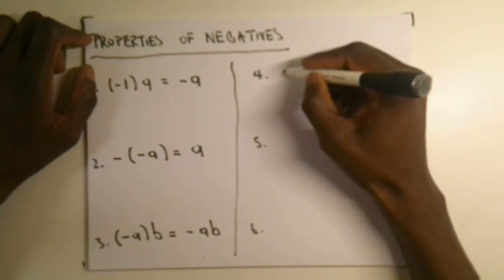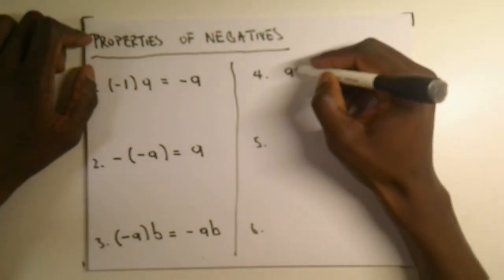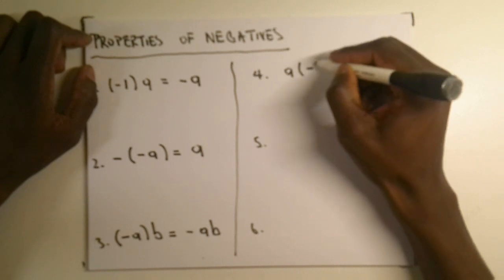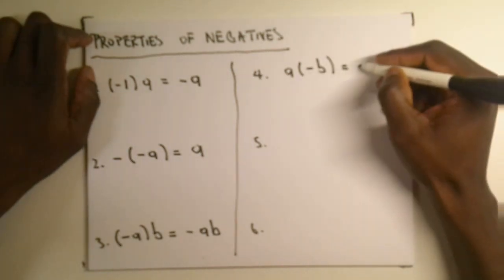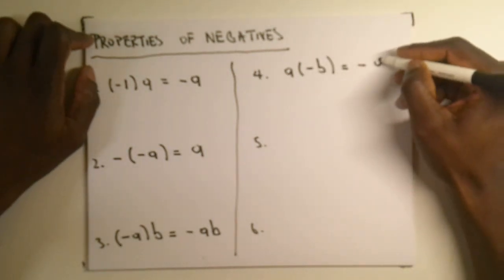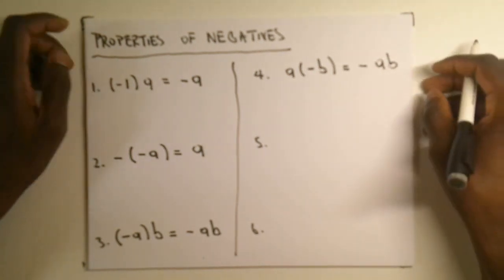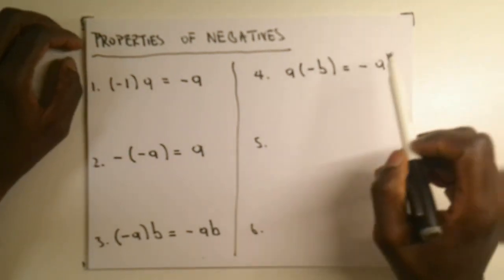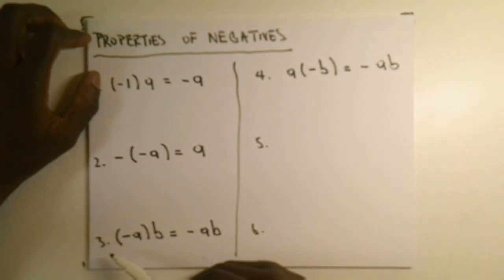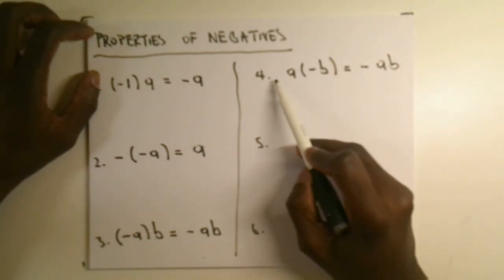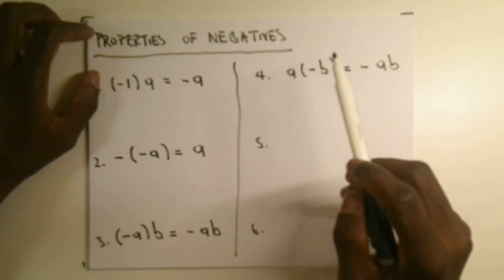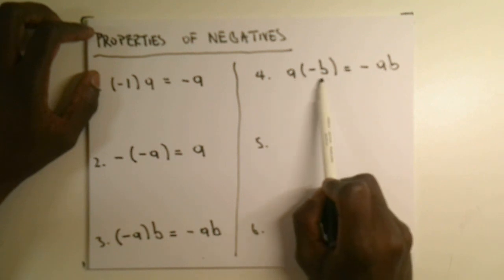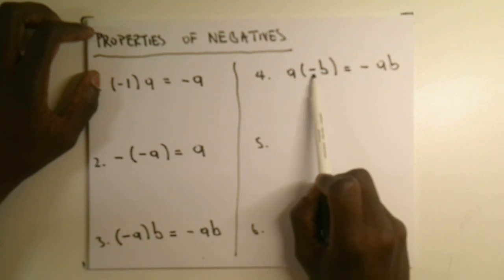And number 4 says that the order actually doesn't matter, which is important. This will also make them a times b, but negative of both. So 3 and 4 are similar to each other, but the fact that we're using is that the order doesn't matter in terms of where the negative is assigned.